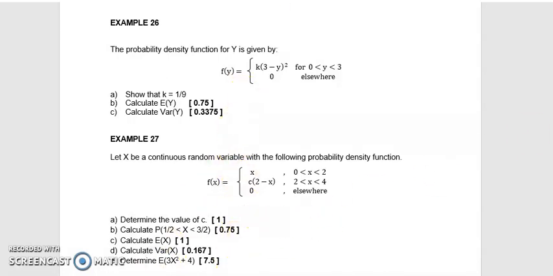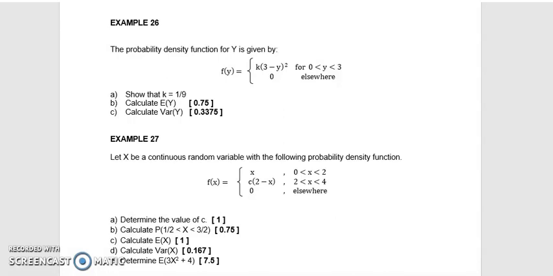Note here that in example 27, question E, determine expected of 3x squared plus 4. Again, this question is similar to discrete random variables. You follow the rules of expectation.